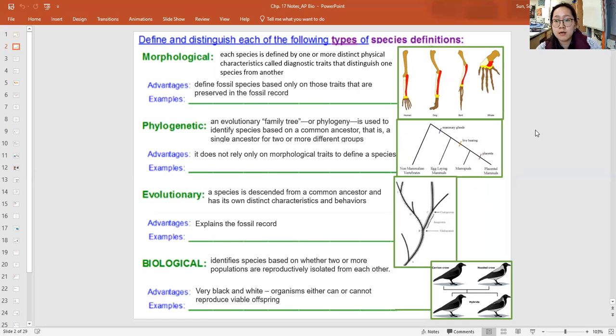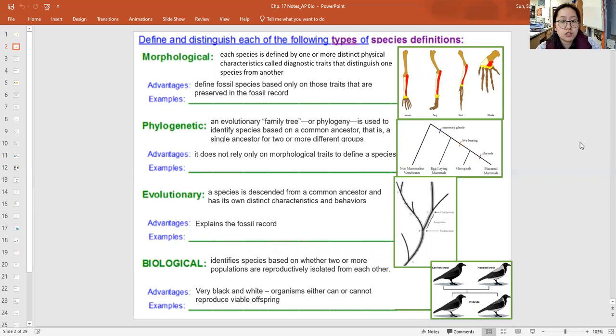In the example on the right, you can see the boxed similarities in bone structures between humans, dogs, birds, and whales. Therefore you'd not necessarily put them in the same species, but you'd identify that they have similarities, so they might have a common ancestor. And if you find, for example, 2 specimens of whale fossils, you'd be able to see that they are in the same species because their morphology is similar.